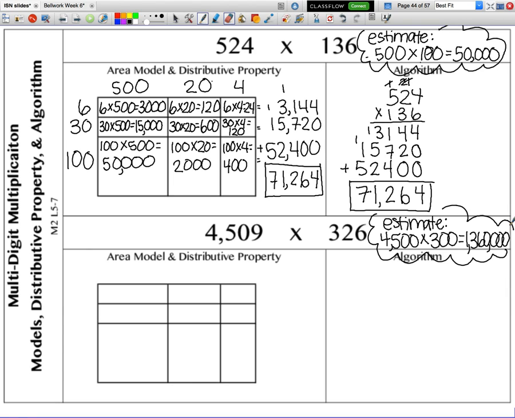All right, here we go. So we're going to start with expanded form of 4,509. One digit at a time. But why do you think, well, I know y'all can't answer me, obviously, but take a second and think, if there are 4 digits in 4,509, why are there only 3 blocks on my area model?